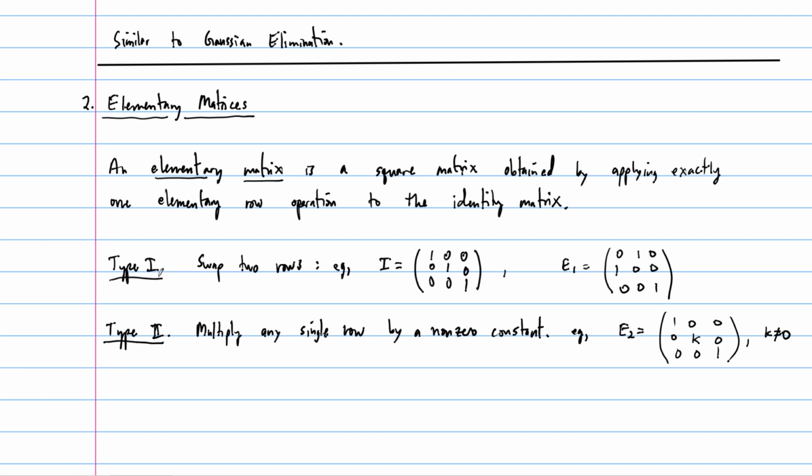All right, there's only one more type, and that's type 3. Type 3 says that we can add a multiple of one row, a non-zero multiple, but honestly it could be a 0 multiple, to another row and replace the one that wasn't multiplied.